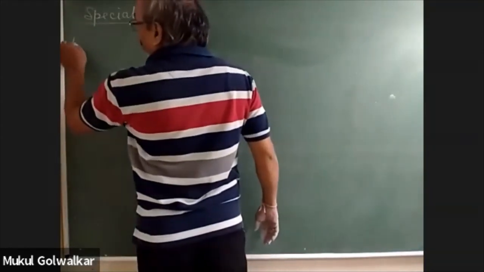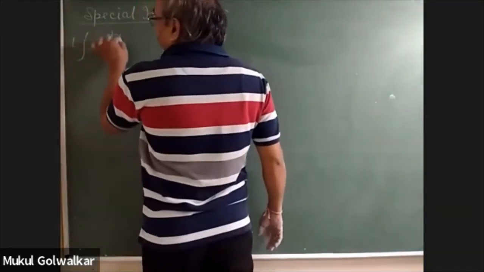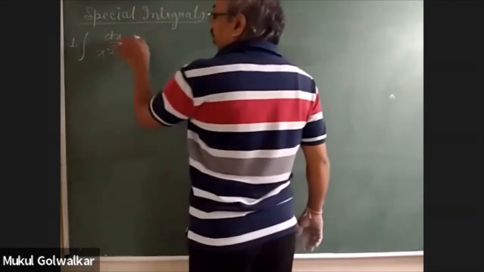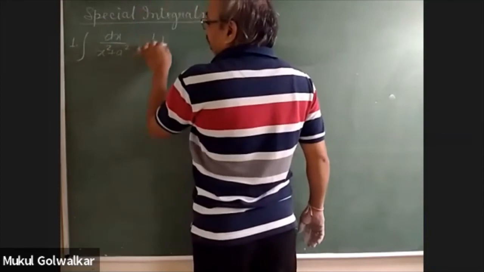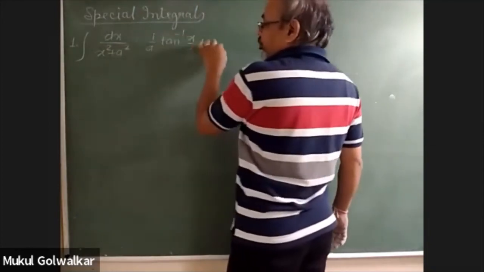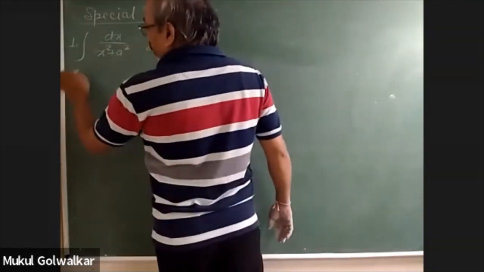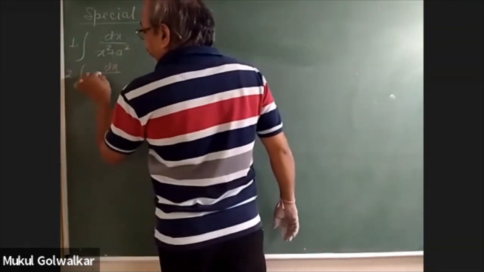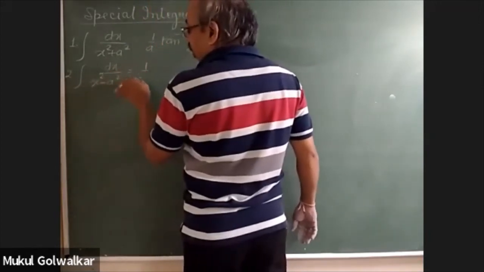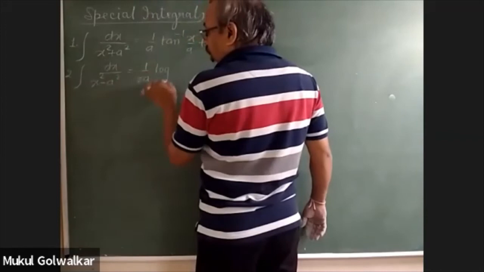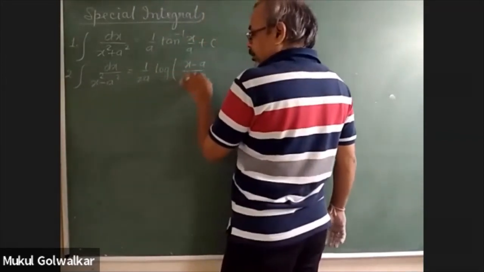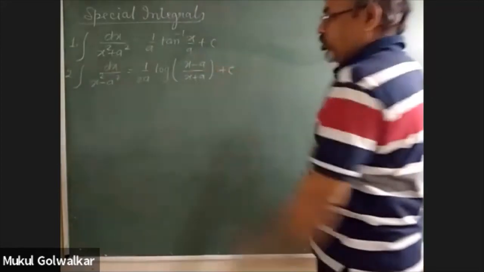So the first formula, which I have already derived for you: integration of dx upon x square plus a square is equal to 1 by a into tan inverse x upon a plus constant. The second formula, dx upon x square minus a square is equal to 1 by 2a into log of x minus a upon x plus a plus a constant quantity.